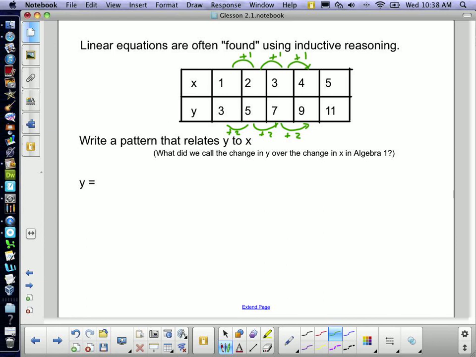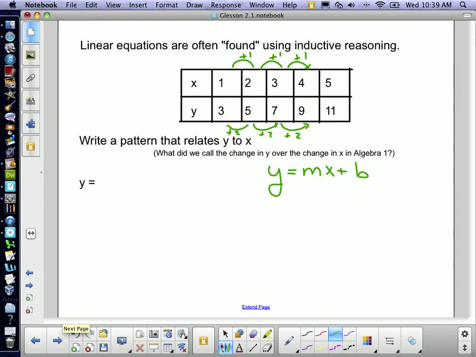The rate of change in algebra describes how steep the line is. Slope. That's the slope of the line. We all remember the equation form y equals mx plus b, right? Slope-intercept form of an equation? Ringing any bells with people?